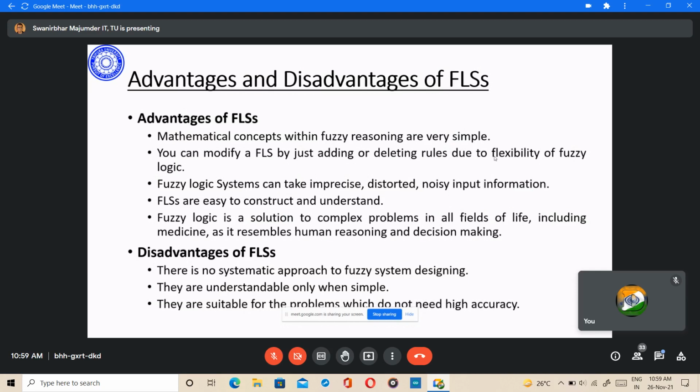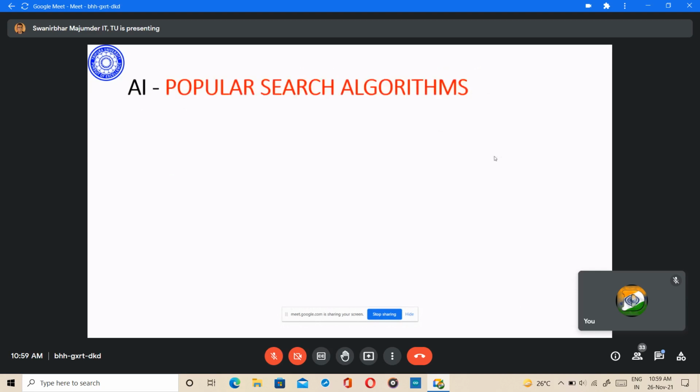But what happens is that sometimes it goes haywire. If somebody is not using it properly, you can have different problems. And if you have systems where we need very high accuracy, they may not be up to the mark. So that is one of the disadvantages.